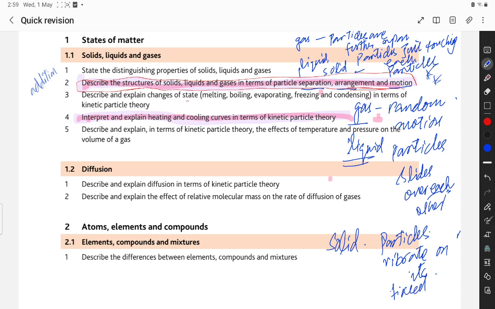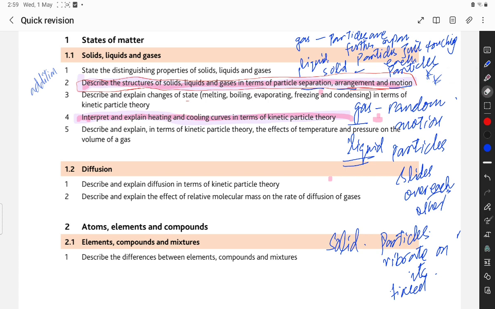So please keep it in mind, this is very important and this must be coming in the exam. You should answer the particle separation, arrangement and motion like this. The examiner is expecting these answers from your side. Okay.